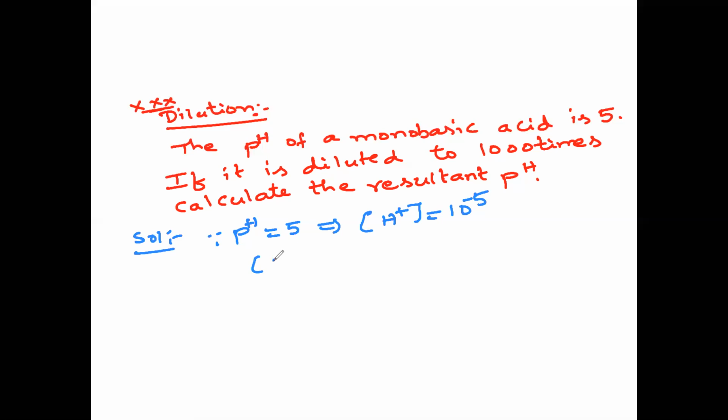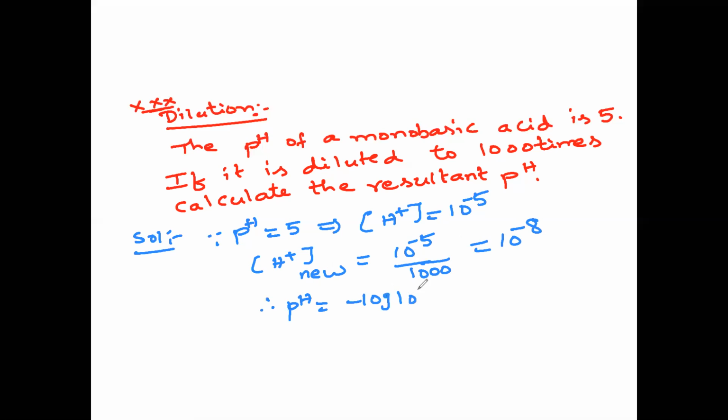So the new H plus concentration is equal to 10 to the power of minus 5 divided by 10 to the power of 3, that is 1000, which is equal to 10 to the power of minus 8. Therefore pH is equal to minus log 10 to the power of minus 8, which according to this is 8. But it is not correct.